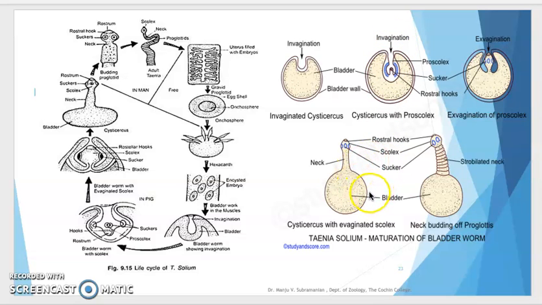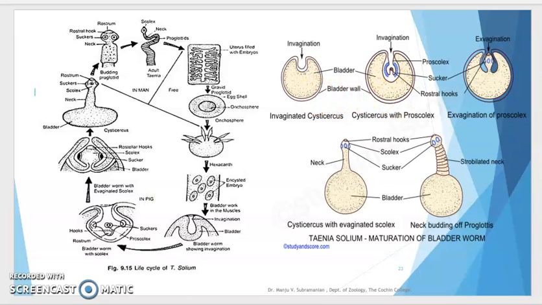There are certain very important terms here, that is, a bladder worm. So this is a bladder worm. At this stage also it's called a bladder worm. The head and the proglottis appear, and at this stage it is called a cysticercus with proscolex, or it's also called a bladder worm.